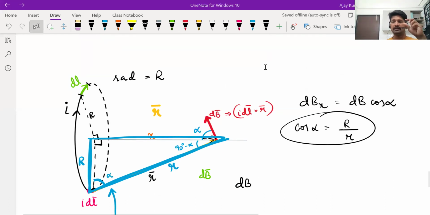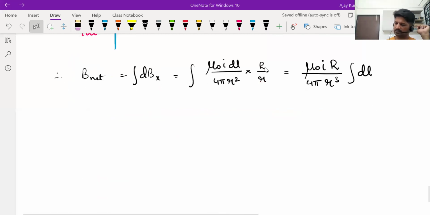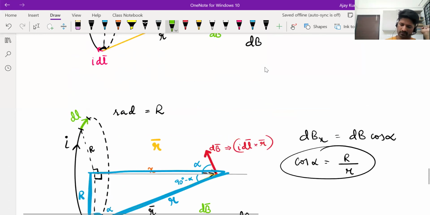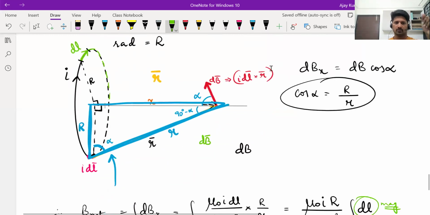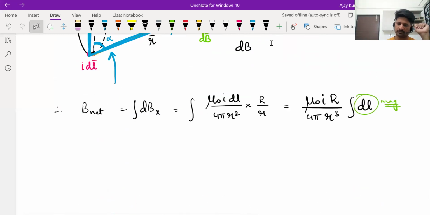You are not integrating element vectors. The dl that you see in the integral here is just the magnitude of that element's length. Direction doesn't matter. So if you add all those element lengths, it becomes the total circumference of that circular loop, which is 2 pi capital R. So integral dl becomes 2 pi capital R.